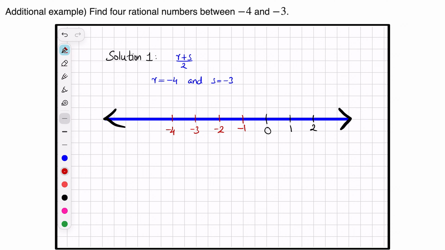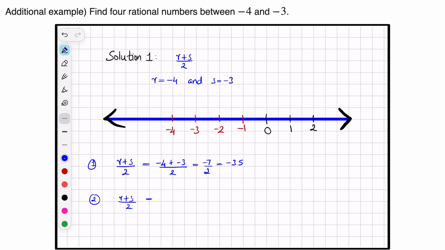So straight away we can try and solve the problem. (r + s)/2: we just have to apply the same formula. So (-4 + -3)/2 gives -7/2, or -3.5. This is the first number. For the second number, again the same formula (r + s)/2, but here we change the r and s.